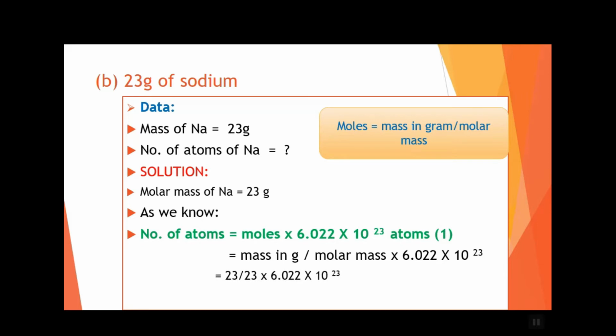Now, mass in gram is 23 and the molar mass of sodium is also 23, multiplied by 6.022 exponent 23. So, we get the answer, number of atoms of sodium is equal to 6.022 exponent 23 atoms.